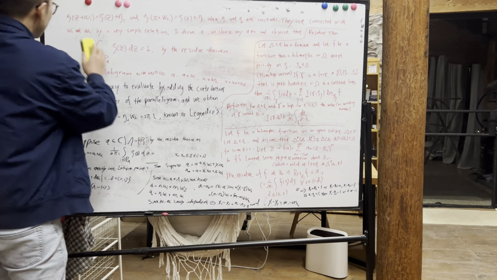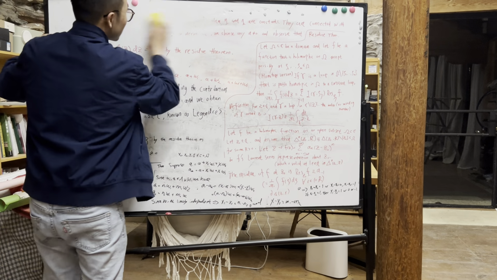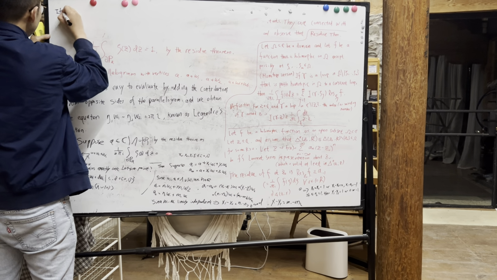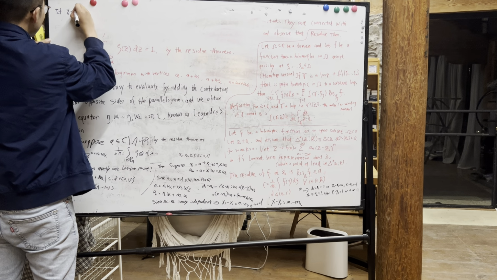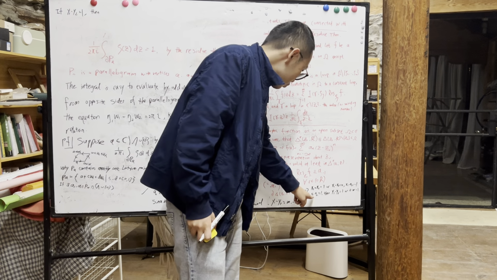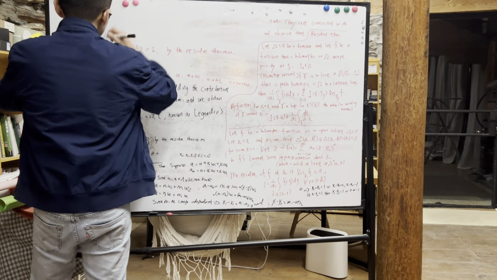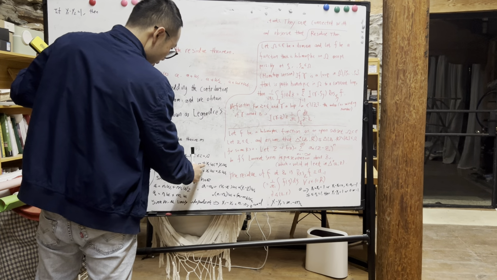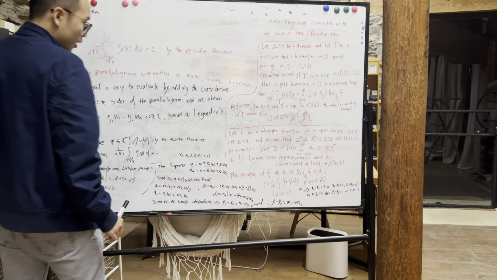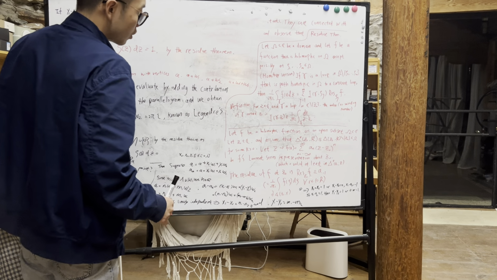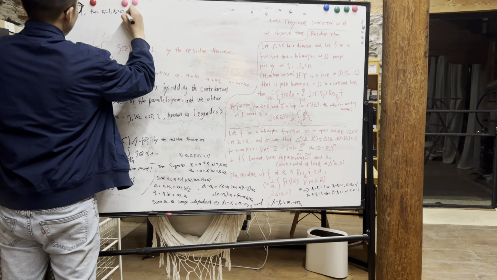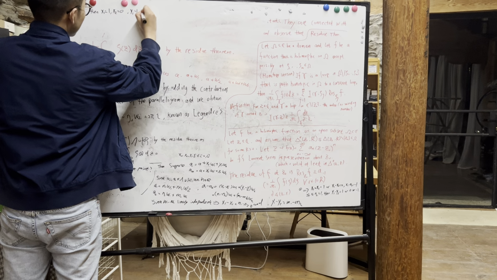So let me just continue here. If y1 minus y2 is also equal to 1, then because we have that x1 minus x2 is equal to 1, we have that x1 must equal 1 and x2 must equal 0, right? And then y1 equal to 1, y2 equal to 0.